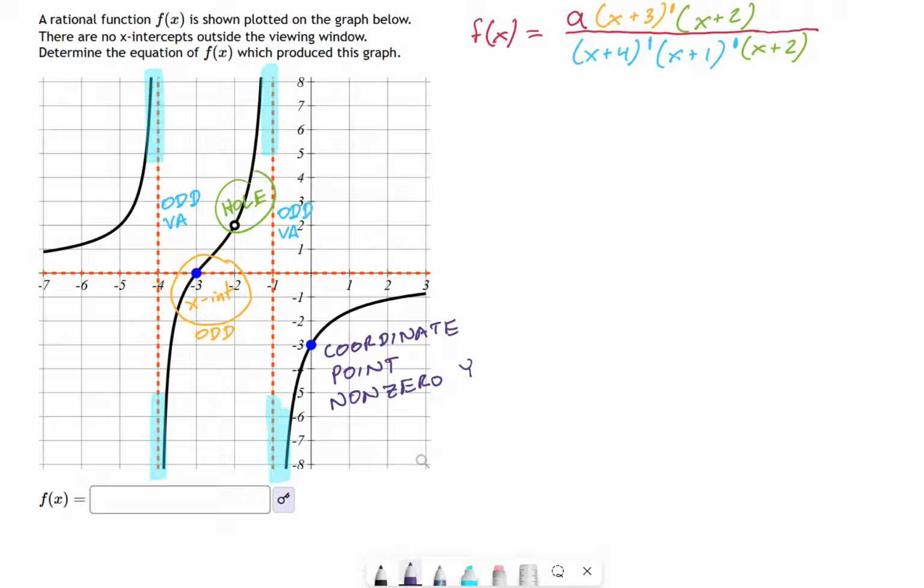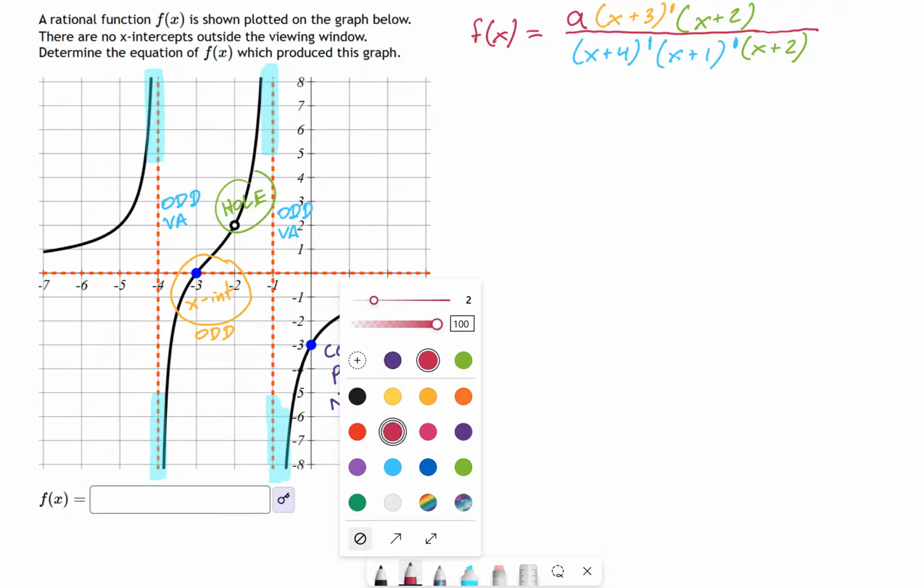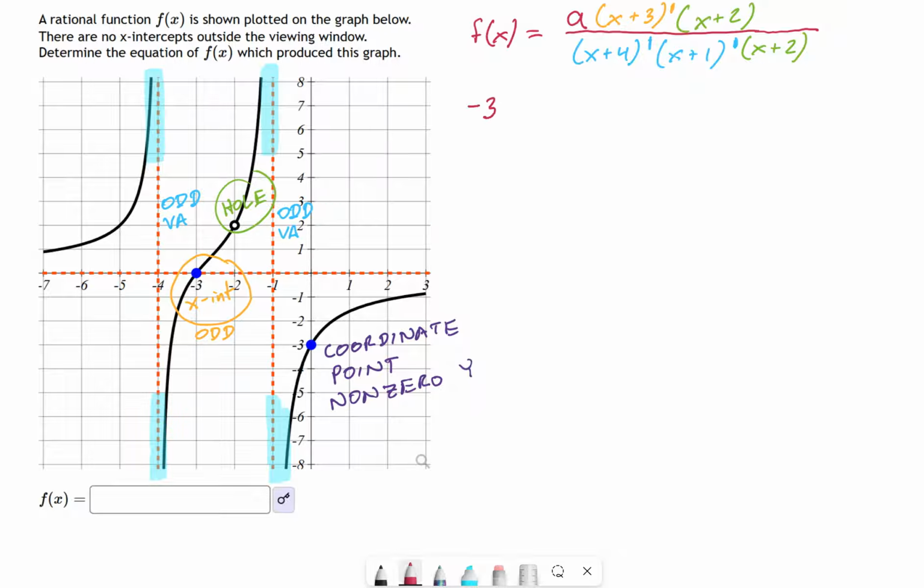So I'm going to plug in that -3 for my y value right here. -3 equals, and I don't know what a is, but I'm going to change all my x's to match the 0 right there, because that was the x value. Let's be real clear about this. This is 0, comma, -3. So that's what I'm plugging in. On top, I now have a times 0 plus 3, 0 plus 2, divided by 0 plus 4, 0 plus 1, and 0 plus 2.